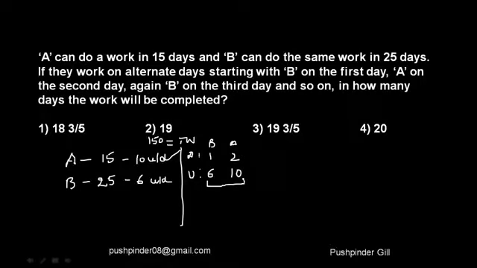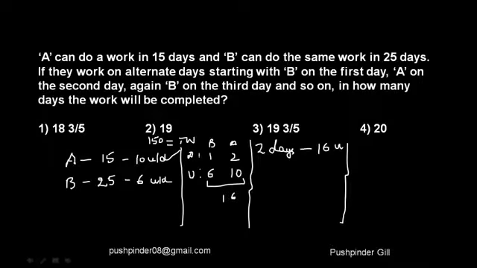And this cycle is going to repeat itself again and again. That means if I write it here, it is going to take 2 days. Every 2 days, they're going to finish 10 plus 6, that is 16 units. That means every 2 days, they're going to finish 16 units, right?